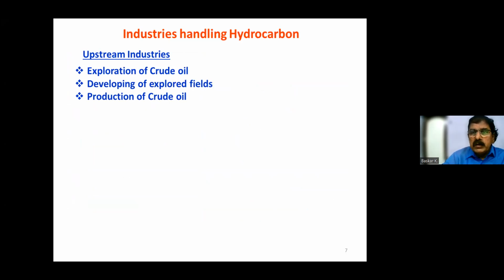Once the exploration is successful, it goes for developing the explored field to recover oil, and then the production of crude oil, and to some extent, some treating also takes place. So these are the industries handling hydrocarbon.